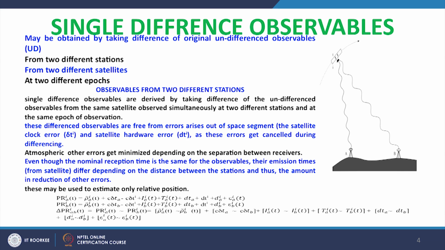So, in that case, the observables are from the same satellite and are taken by receivers at two different locations. If we take the difference of those observables, then the errors arising from the space segment will be removed or minimized.